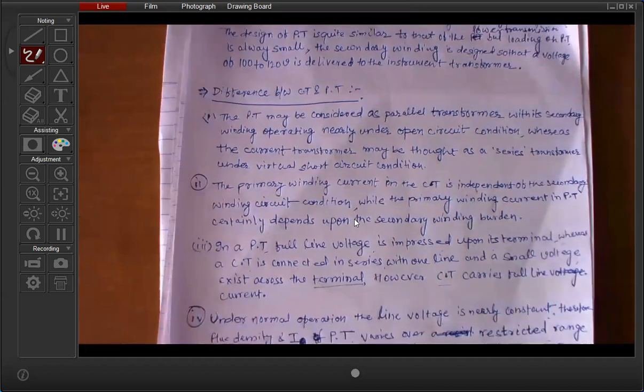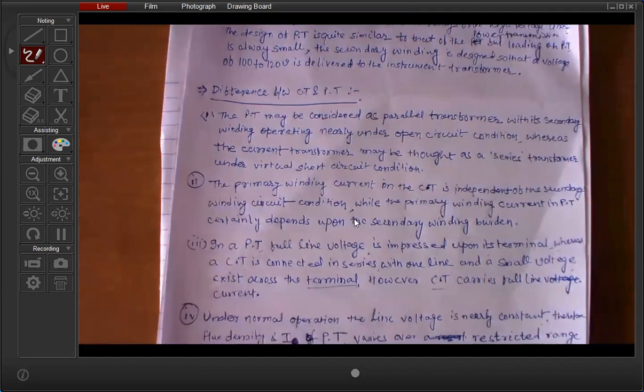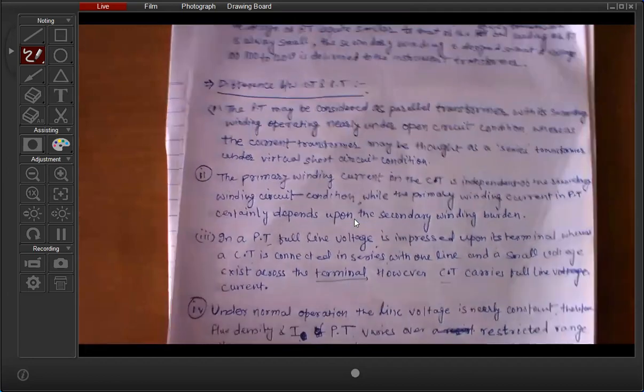Now the next topic is the potential transformer. That means we have to find out the derivation for error in case of potential transformer. So the next topic is the relationship in the potential transformer.